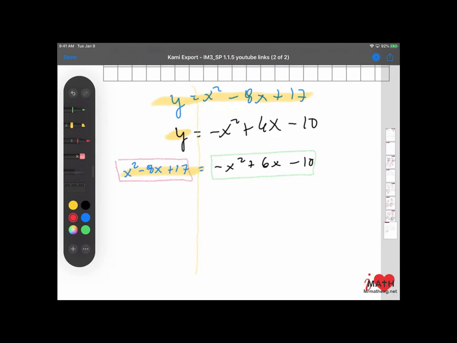Now if I move the red to the right side, you're going to have negative x squared minus negative x squared, which is negative 2x squared. But I'd rather have it to be positive. So I'm going to add x squared here. I'm moving this one, so I'm going to do the opposite, subtract 6x. And over here, I'm going to be adding the opposite, plus 10.